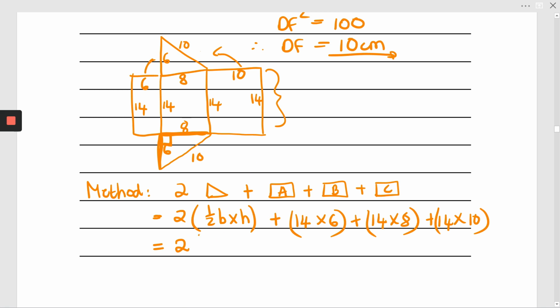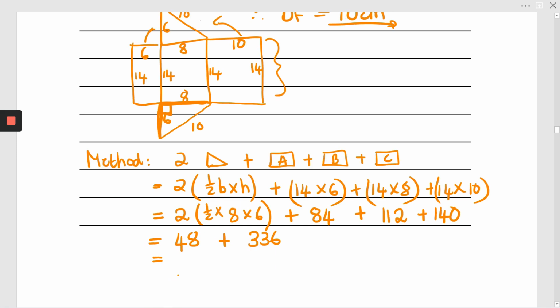So it's going to be 2 times a half times 8, and the perpendicular height was then the 6. I'll work that out in a moment. These guys, I'm already ready to put down my answers. So that's 84, that's 112, and that's 140. If I multiply all of these together, I get 48. And then I'm just going to add up those last 3, and I get 336, giving me a total of 384 square centimeters.